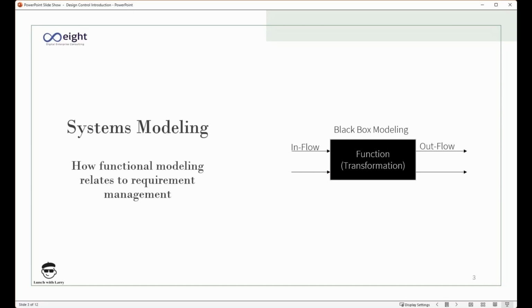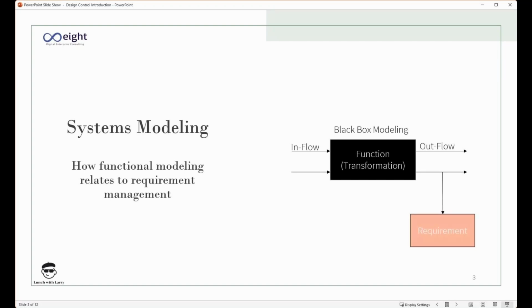Systems modeling is a discipline in which the output of it is really a formal understanding of how the function of the device interrelates with the other functions of the device. If you think of a function as a black box, essentially we're going to have inflows into that function, and we're going to have outflows out of the function. What we're going to be writing the requirements against is really going to be the outflows.